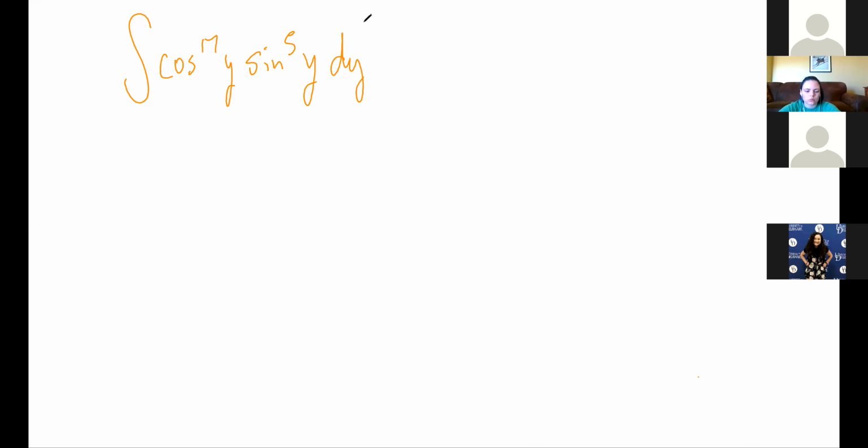Let's see. So it's a sine and cosine problem, which means we need to break off one of them. There's more cosines than sines, so I'm probably going to let u equal cosine for the problem, which means du is going to be minus sine.